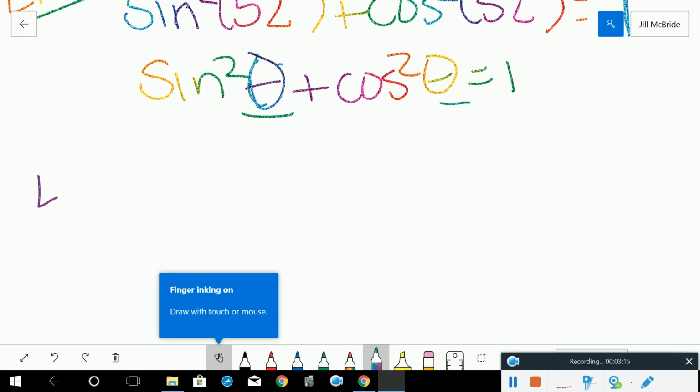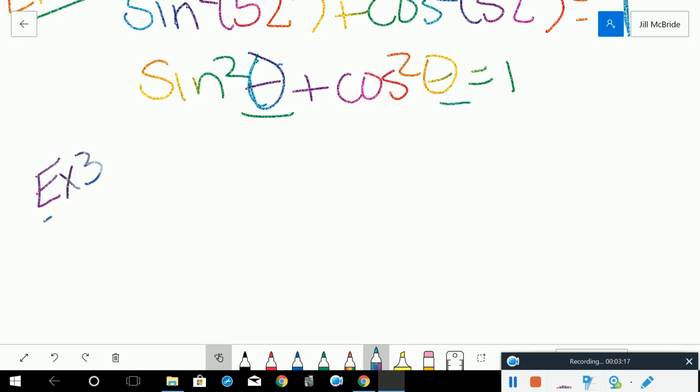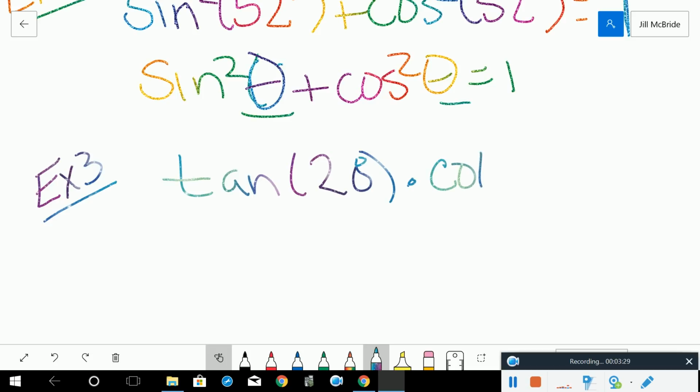Example 3. The tangent of 20 degrees times the cotangent of 20 degrees. Well, what do you know about tangents and cotangents? They're reciprocals.